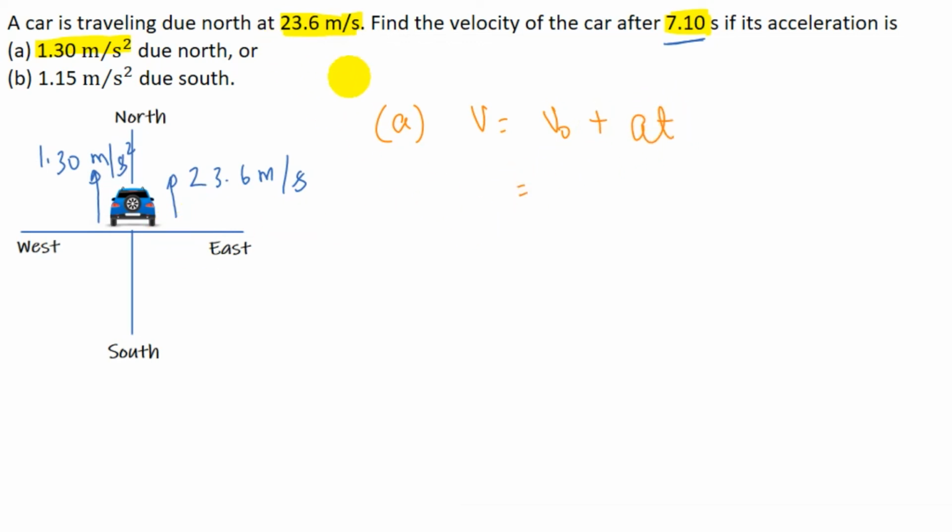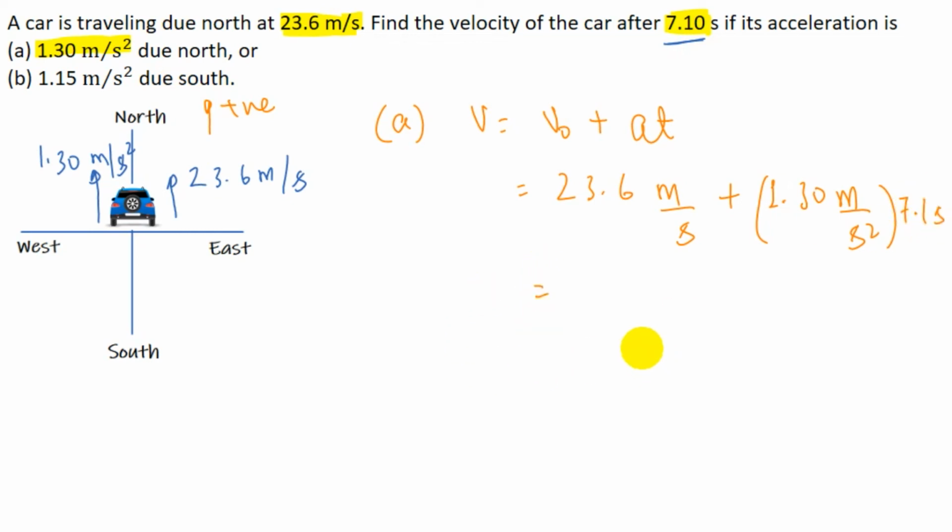The initial velocity is 23.6 meter per second, and since the acceleration is in the same direction, we take a positive sign because we have taken this direction to be positive. So plus acceleration 1.30 meter per second squared, multiplied by time 7.10 seconds.